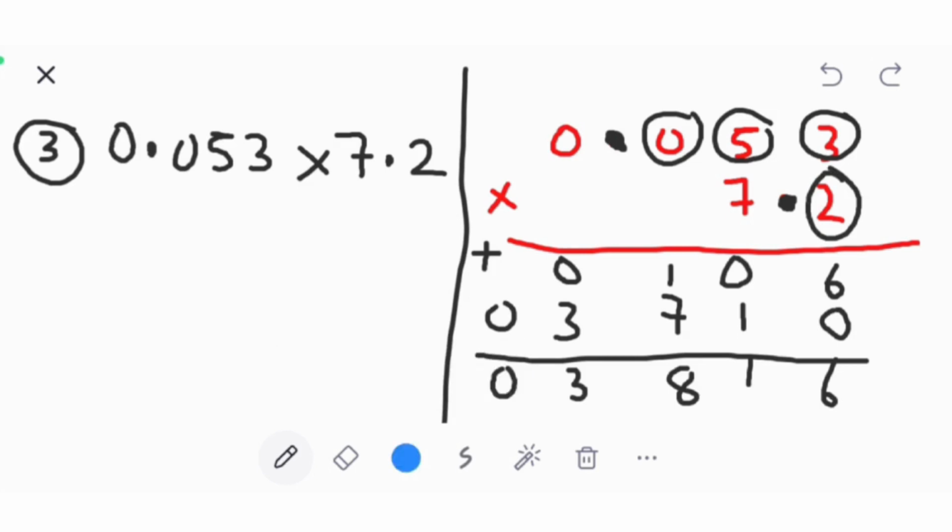I circled 4 digits. So go to the answer, starting from the right, count 4 digits. You count it 1, 2, 3, 4. Then you put the decimal point. So the answer is 0.3816. Here we have come to the end of this lesson.